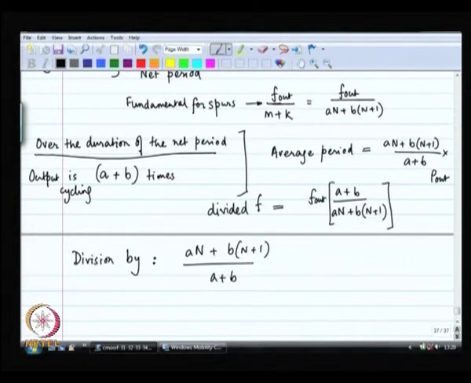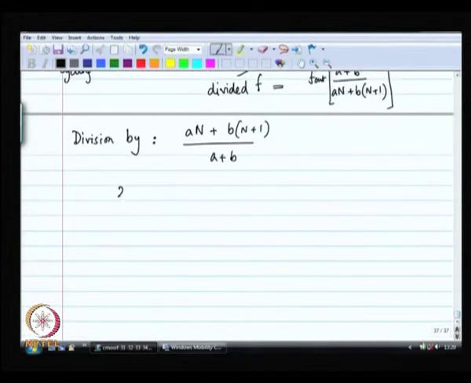Now, does this work out as far as our example was concerned? We said that we have done a division by 2.5. Is that equal to 1 cycle times n, it is, right.